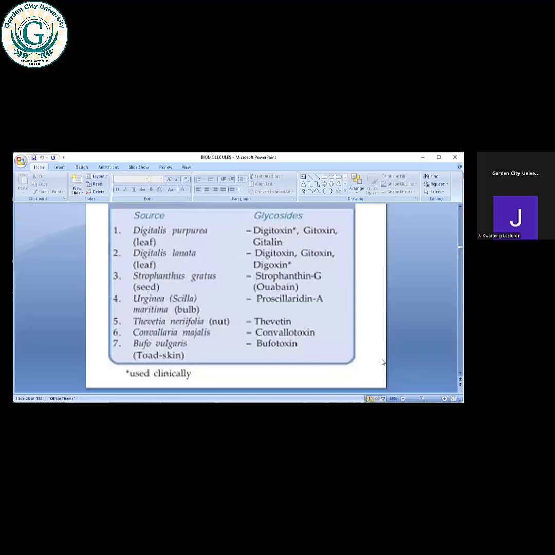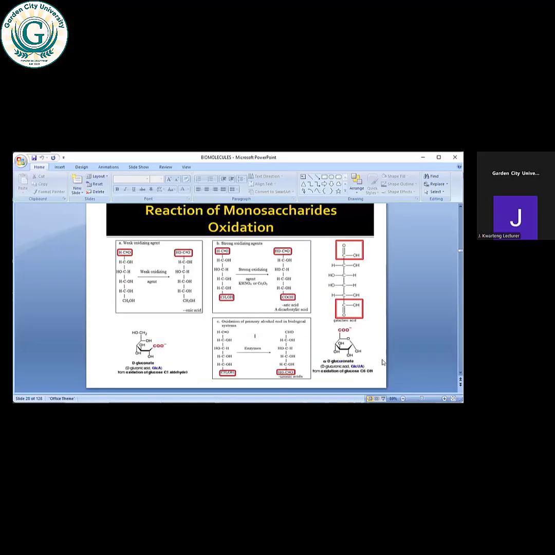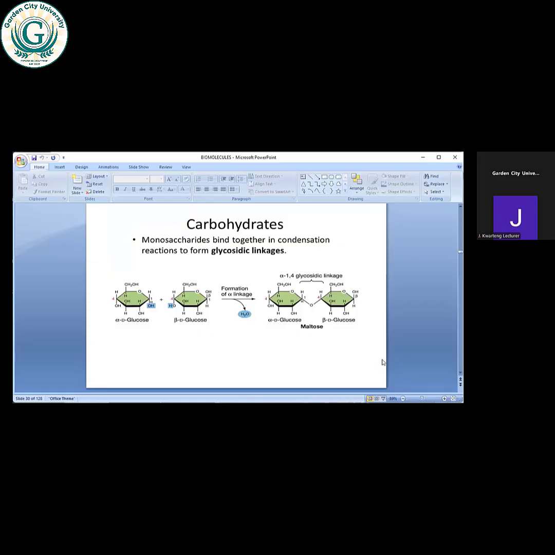In this wise, they can be categorized as monosaccharides, which are the simple sugar units, disaccharides, oligosaccharides, and polysaccharides. I said that the monosaccharides are largely glucose, fructose, mannose, galactose, sorbose, and even ribose, and the rest. These are considered simple sugars.